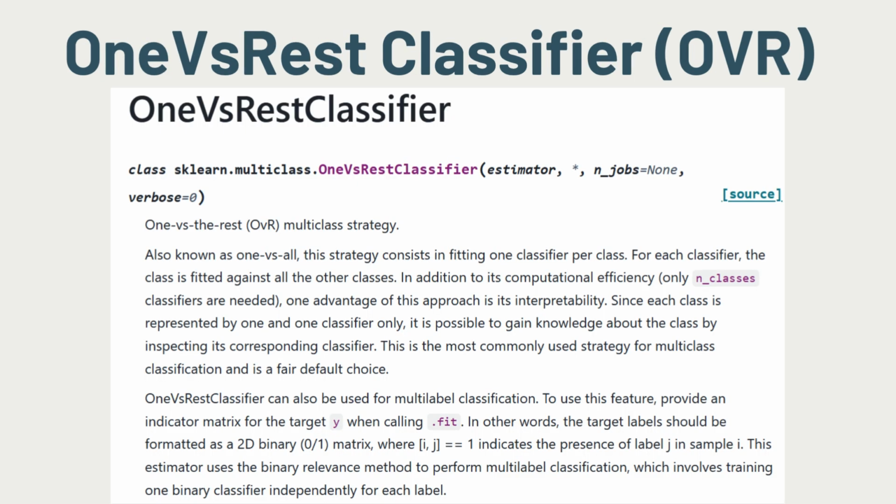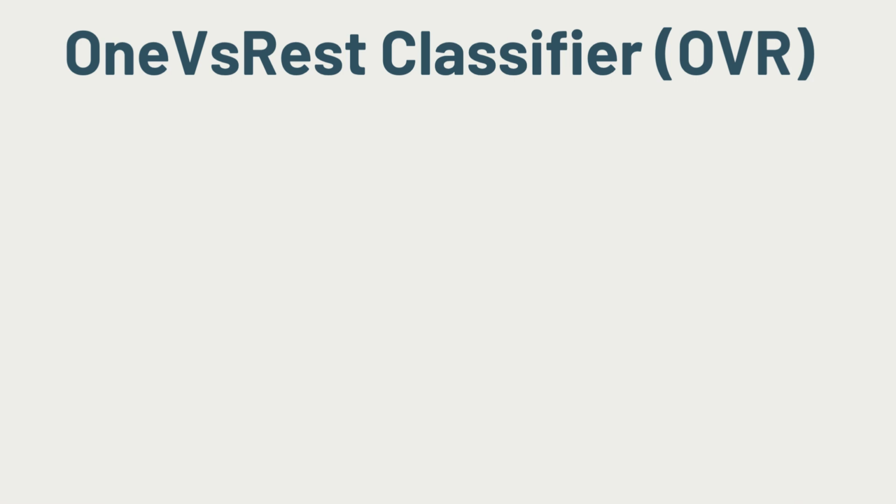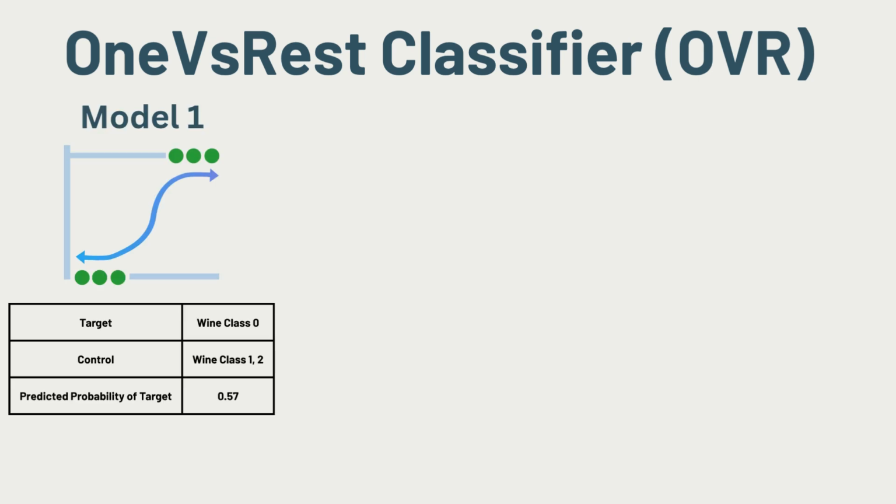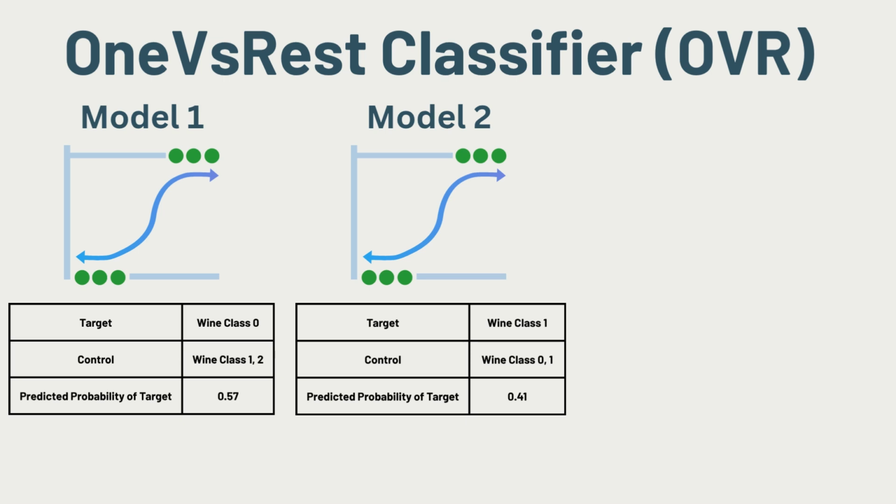Apart from implementing the model directly from Scikit-learn, we can use another method called the one versus the rest classifier. Essentially, it breaks the problem down into building multiple binary classification models, comparing each target value against the rest. For the case of our wine dataset, it will build one model to compare the target value of 0 against the rest, and another model to compare the target value of 1 against the rest.